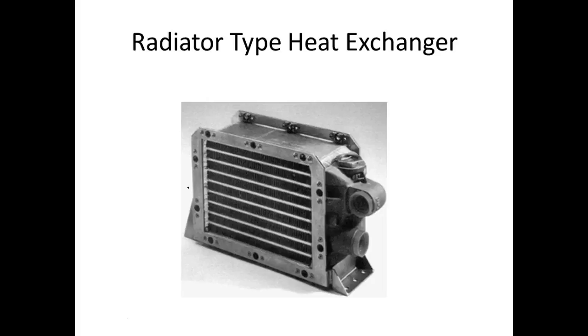So copper has a lot lower thermal resistance than aluminum. It doesn't mean I can't dissipate the same heat, but to get the same heat, an aluminum heat sink would have to be bigger than a copper heat sink. Does that make sense? Because it's got more thermal resistance.